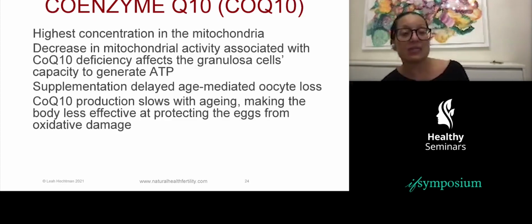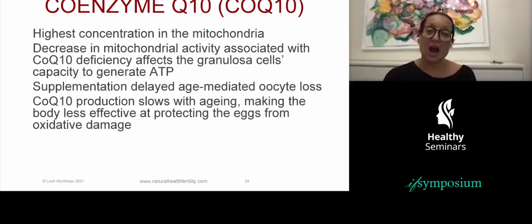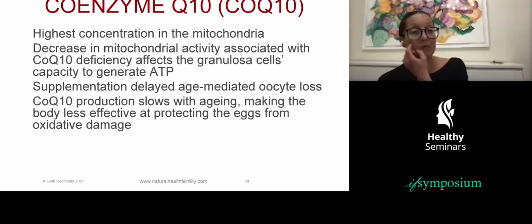Now, what's really interesting is that coenzyme Q10 is found in its highest concentration in the mitochondria, and supplementation improves female fertility by stimulating the ovarian response and slows ovarian aging. So when we're looking at CoQ10, a decrease in mitochondrial activity is associated with a CoQ10 deficiency in a number of different papers.